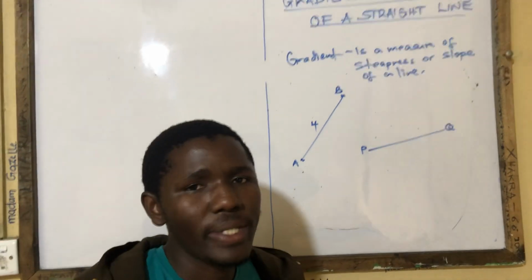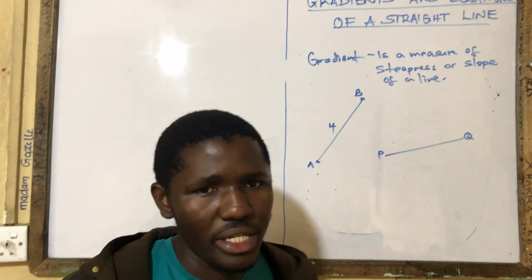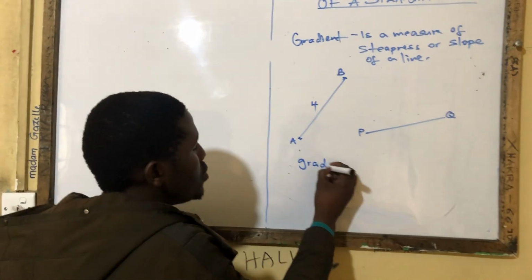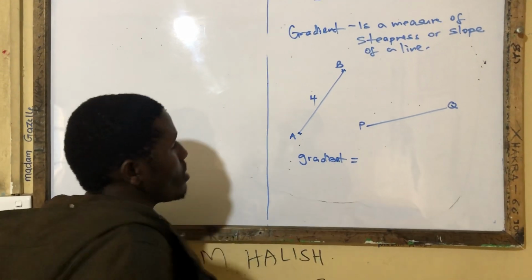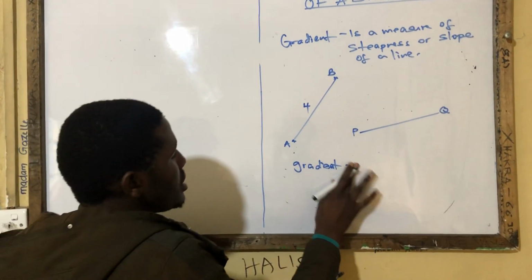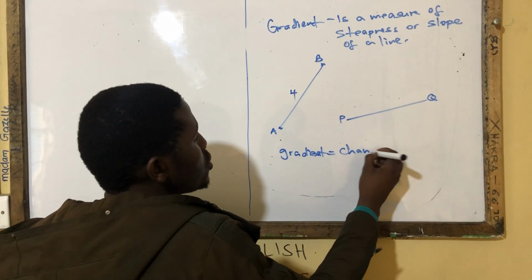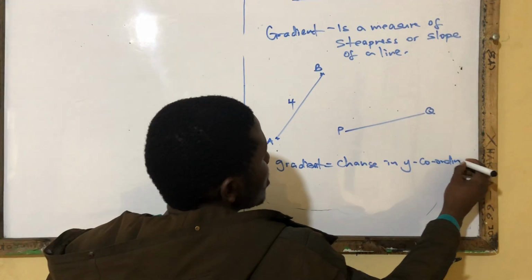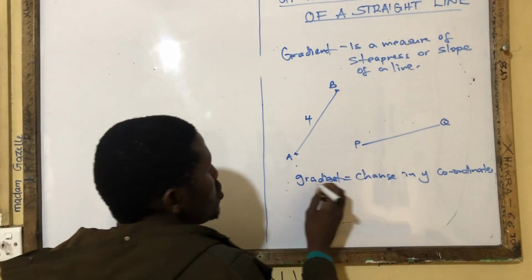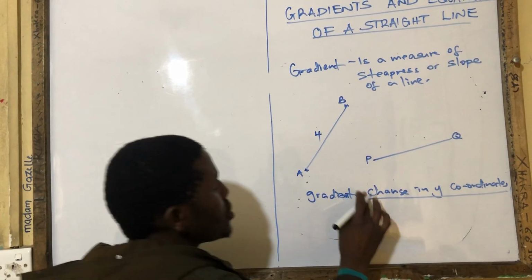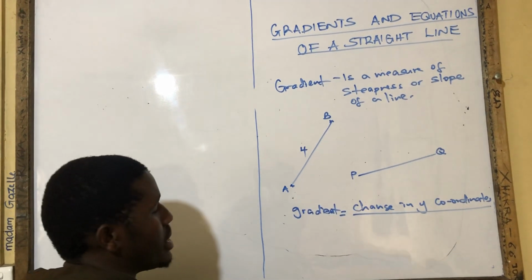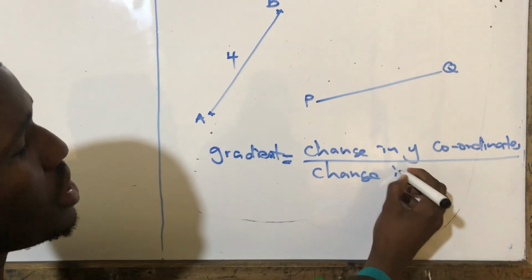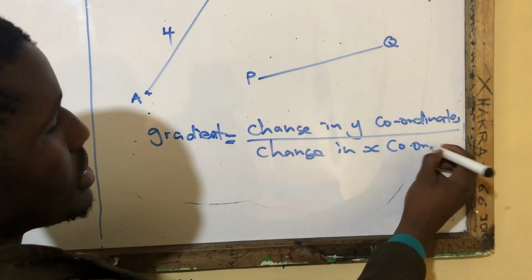So the question is, how do we obtain gradient? Gradient is obtained using the formula: the change in y coordinates all over the corresponding change in x coordinates.